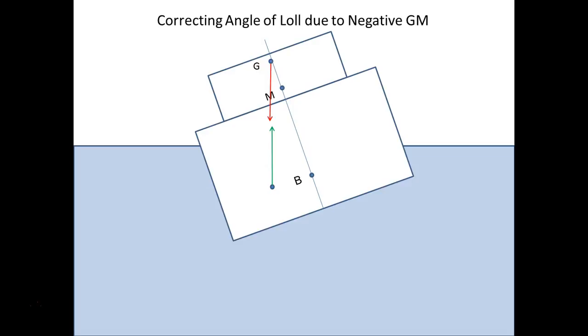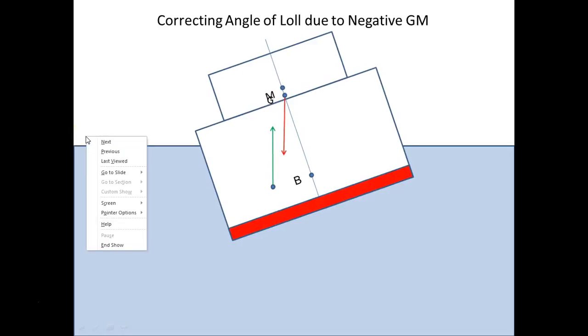So, how should you do this? Well, we should ballast down. If we ballast down, we're going to lower the center of gravity. As soon as the center of gravity is lower, as G comes down the center line, that is going to create our righting moment.